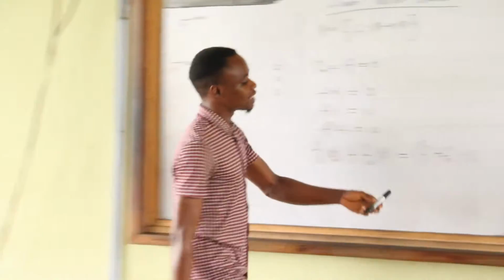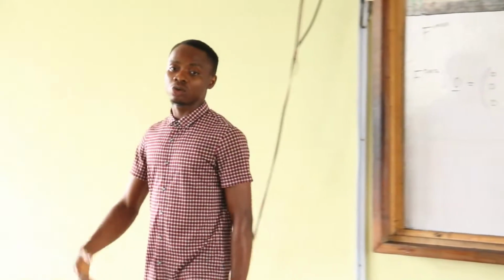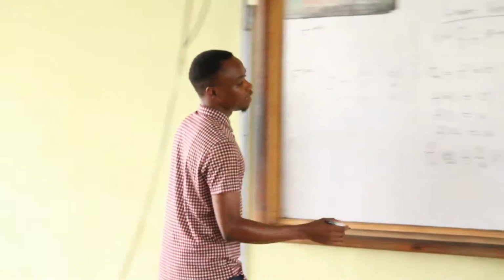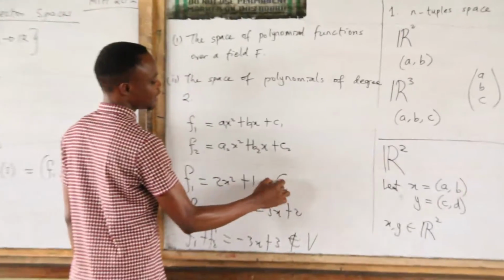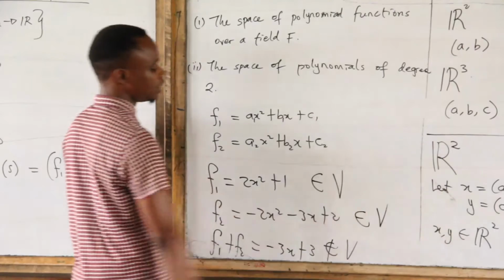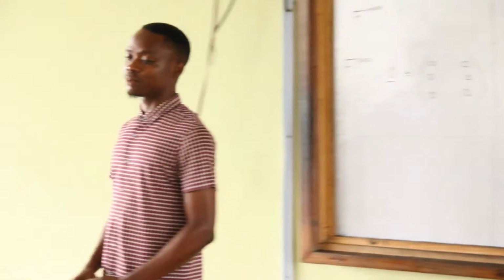The reason for number 2 is that it does not preserve addition of elements; it's not closed under addition. f1 is an element of the vector space, f2 is an element of the vector space, but f1 plus f2 is not an element of the vector space. So it is not a linear vector space.